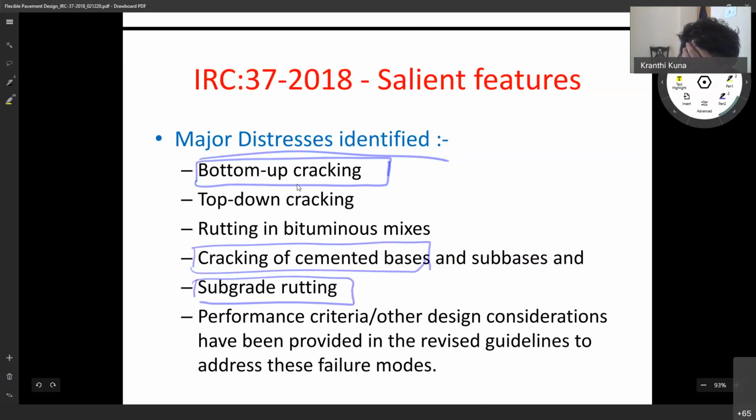These 3 are addressed through pavement analysis and performance models. But top-down cracking and rutting in bituminous mixes are integrated within the design through mix design. Not directly, but indirectly we address these distresses.